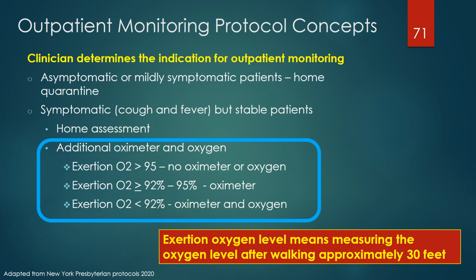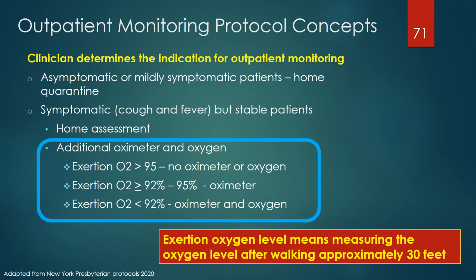Outpatient monitoring may include the use of an oximeter to measure oxygen levels and oxygen concentrators or other sources of oxygen. If the patient has an exertion O2, or oxygen level, greater than 95%, no oximeter or oxygen source is required. Exertion oxygen level means measuring the oxygen level after walking approximately 30 feet.